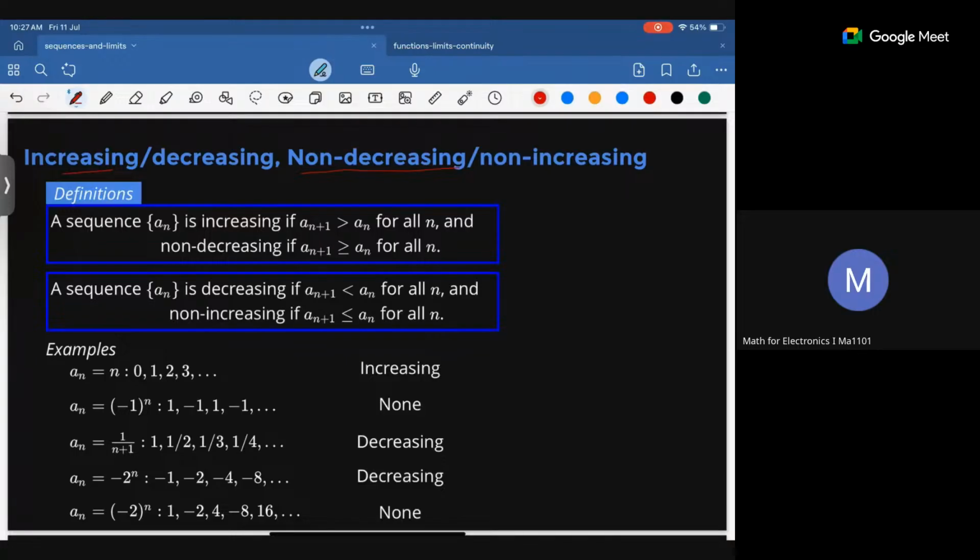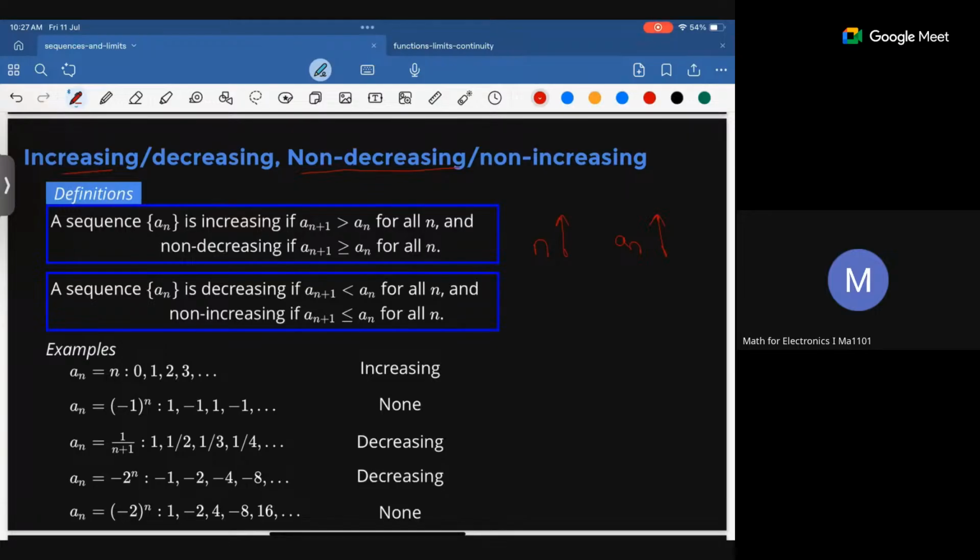Okay, so as n increases, in very simple words, as n increases, if an also increases, then it's an increasing sequence. Okay, what does non-decreasing mean? Non-decreasing means it may increase or it can be equal also. So it can stay the same value. Okay, so that is what non-decreasing means.